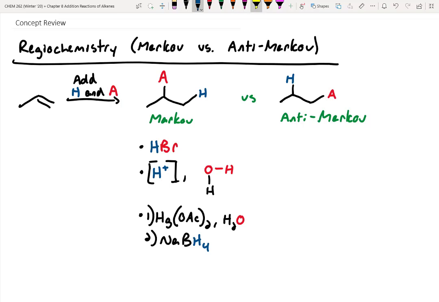All right, so now my question for you is, what if we want the bromine to go to the less substituted side? How do we do that? How do we get the anti-Markovnikov halogenation? We still want the bromine, though. The BH3-THF only works for alcohols.